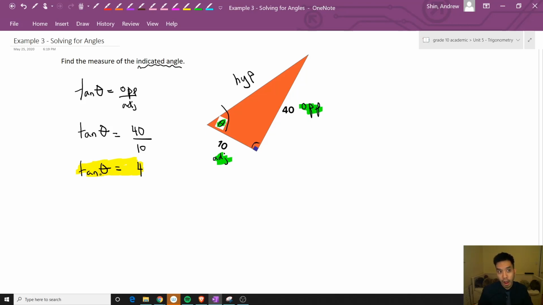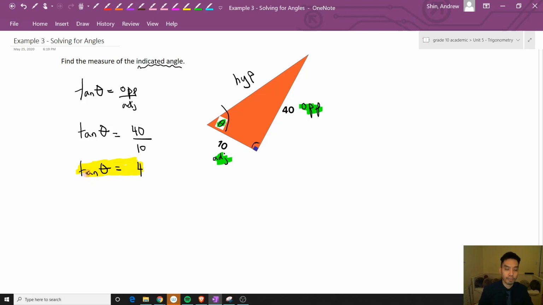Now, unlike what you've seen before, you might think that tan is multiplying by theta. No, tan is not multiplying theta. There's no multiplication here. This is its own math function, operation. So I'm going to introduce to you something different.